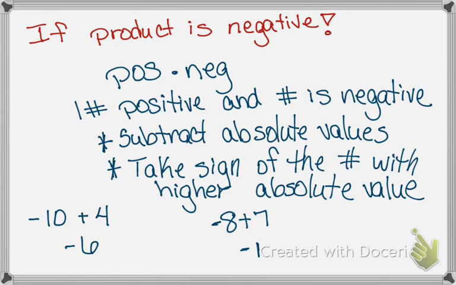If your sum is positive, the number with the higher absolute value is going to be positive. Now, this doesn't take all the guess and check out. You're still doing some guessing and checking, but it gives you some guidelines to go by.